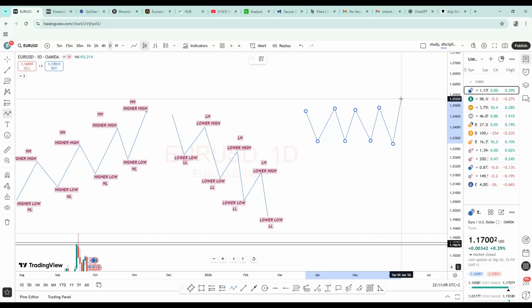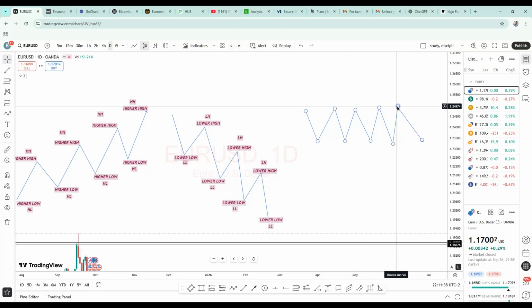It doesn't matter. But as long as we don't have a direction, you should always consider this a normal sideways market. So never get confused, guys. Let's put it here like this.